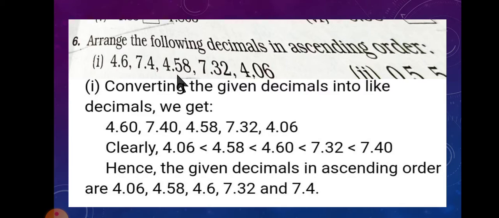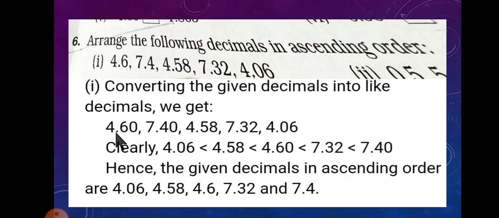You can see in the third number, 4.58, there are 2 digits after the decimal. So the highest number of places is 2 after the decimal, and the other numbers should also have 2 digits after the decimal. So we will add 0.